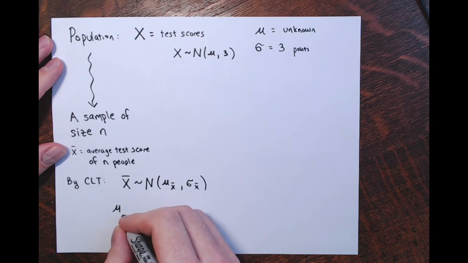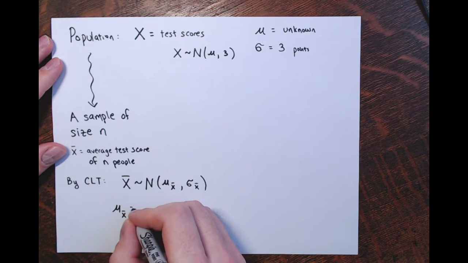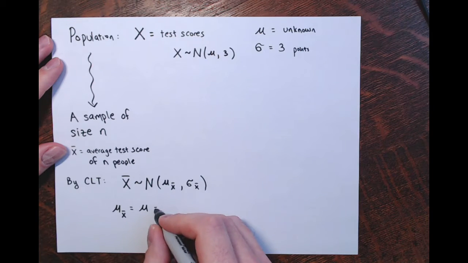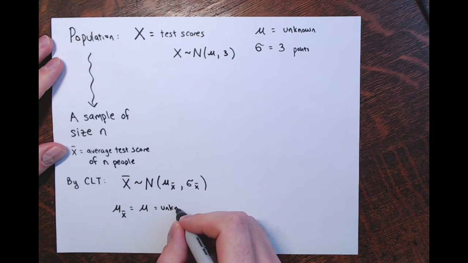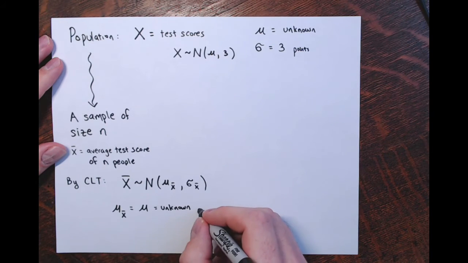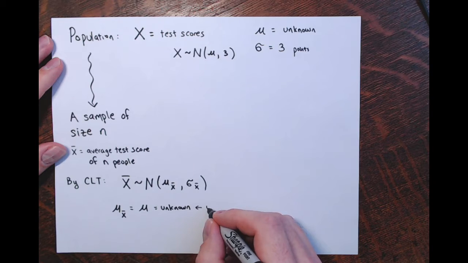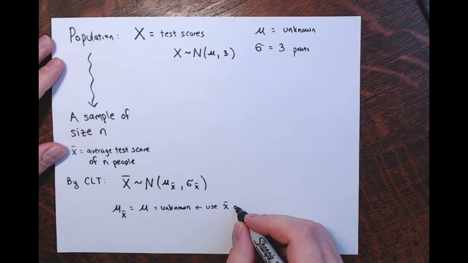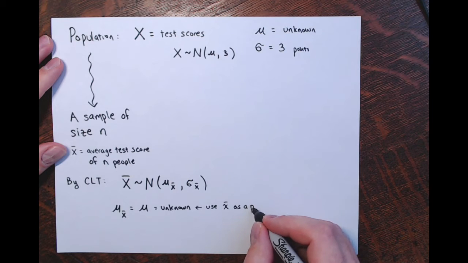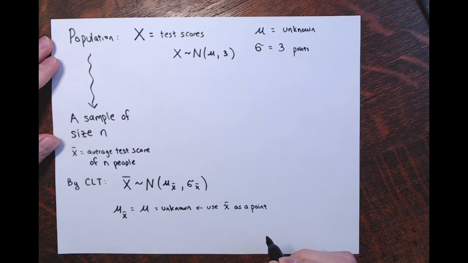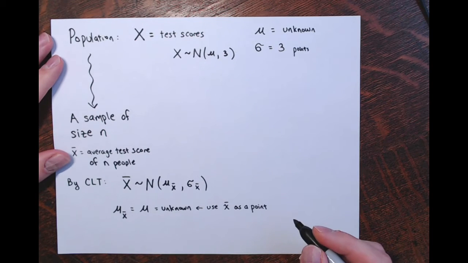The mean of the means is the mean of the population, which again is unknown. So we would use our sample mean as a point estimate. Hopefully this is all familiar from an earlier video on creating a confidence interval.